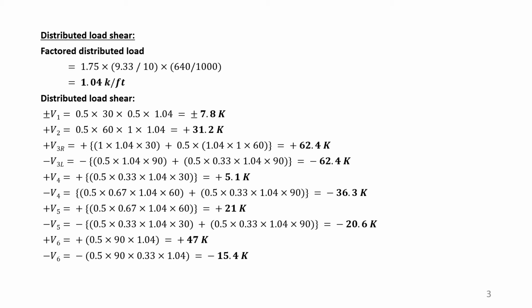In the V1 position, plus and minus are the same in nature, so the numerical value will be the same, and that's why we calculated one value. The maximum ordinate is 0.5 and the distance is 30, and this is a triangle, so we take half base into altitude.